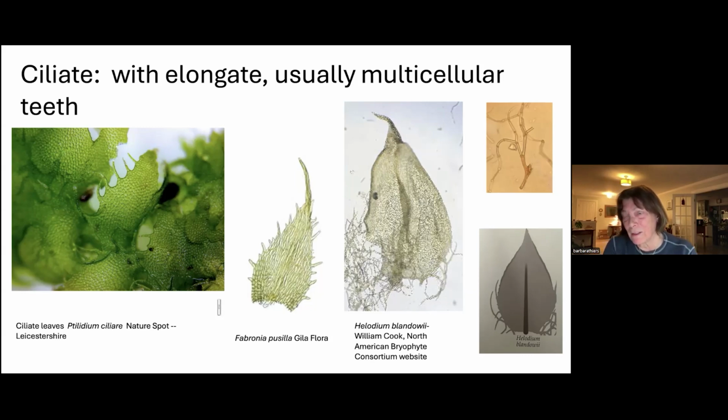But honestly, the difference between a cilium and a paraphyllium is really just about branching, I think. I always think of paraphyllia as mostly on stems, but if you can have paraphyllia on leaves, as they're described in Helodium blandowii, then really it's just different because it's branched. So it could be called a branched cilium if you wanted, but that's not so commonly encountered.